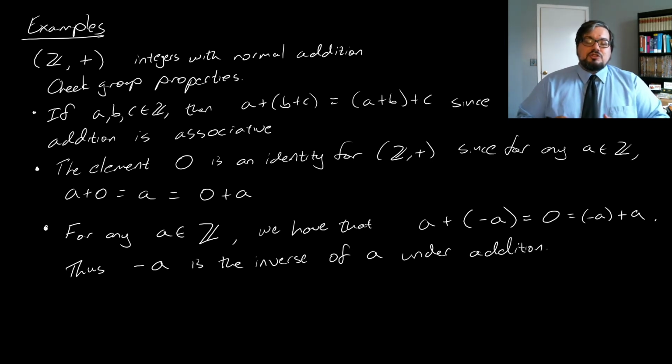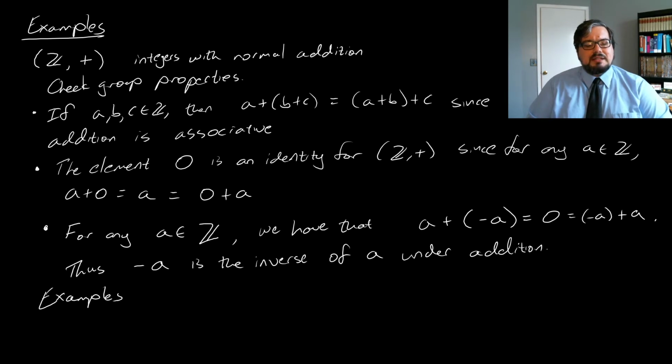Now, the integers with addition are pretty simple. We didn't have to do very much work here to check that it's a group. And in many ways, this is sort of our prototypical group. Every group is related to this one. And it really should be the first example we have in mind of a group.